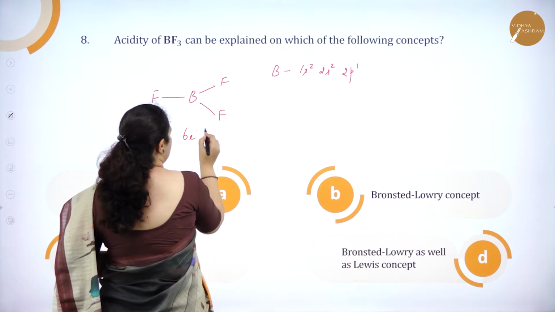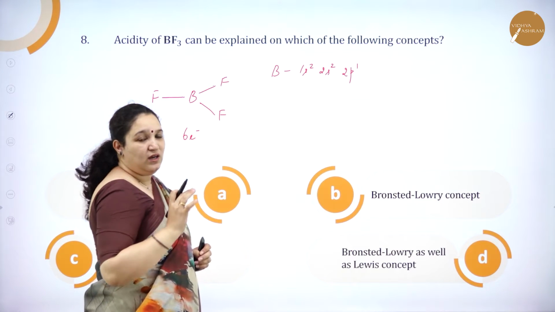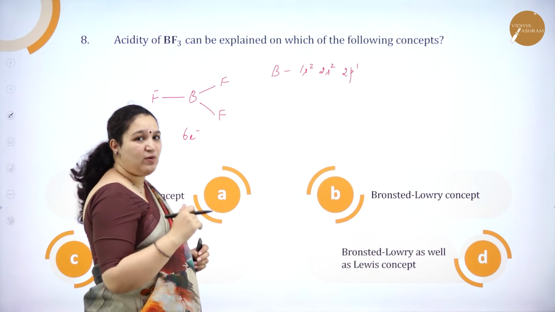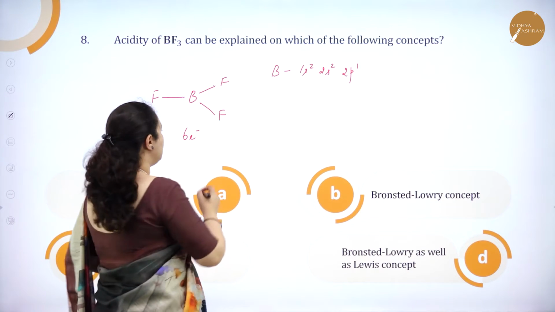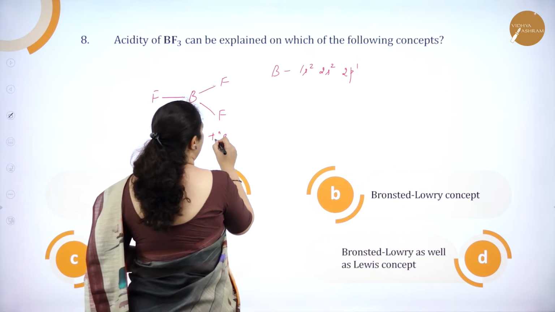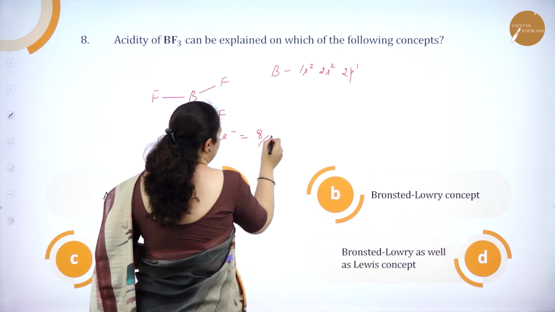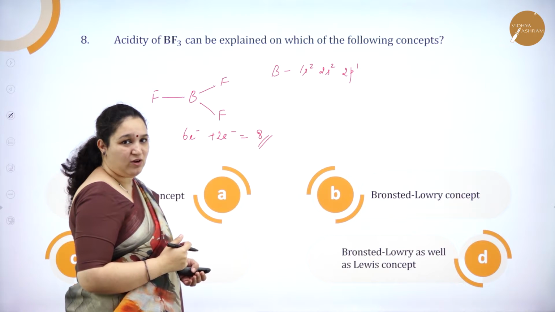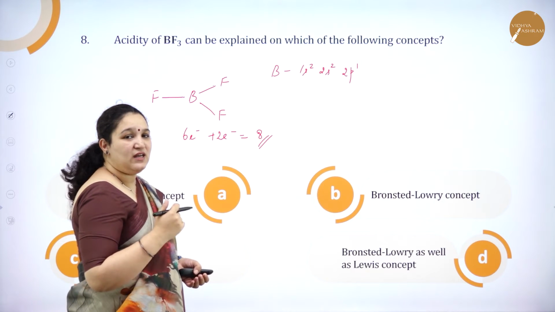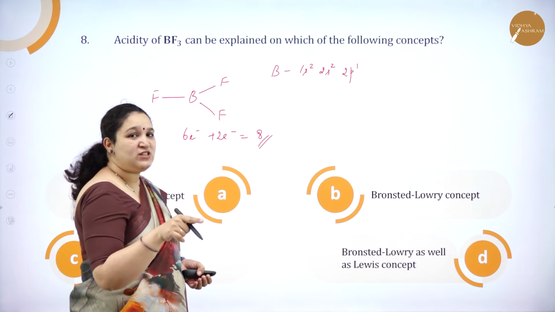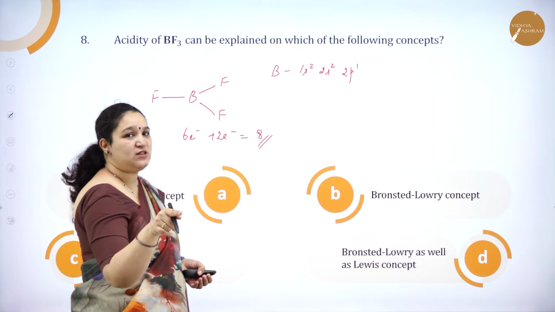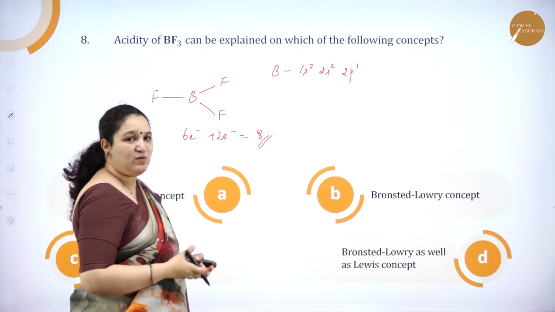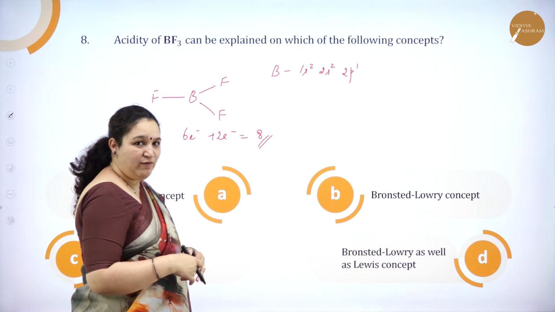So 6 electrons it has got. It has not completed its octet, so it requires 2 more electrons. Only if it takes up 2 more electrons, it will complete its octet. So it has a tendency to accept electrons. That's why it is based on which theory? I told you, electrons. Which theory? It is Lewis concept. So Lewis acid is something which can accept a pair of electrons.